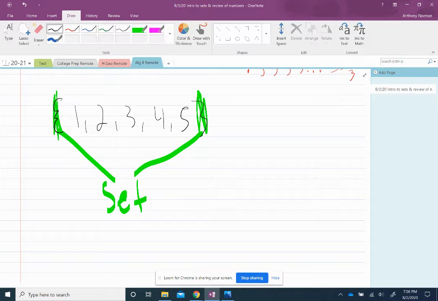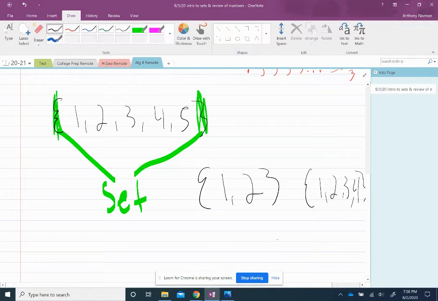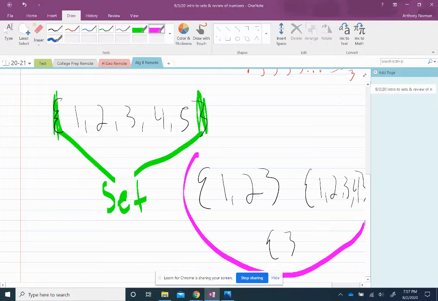If we have 1, 2, 3, 4, 5, we can have 1 and 2, or 1, 2, 3, 4, or the empty set. All of these are subsets of that set. I better write that. This is called the empty set because there's nothing in it.